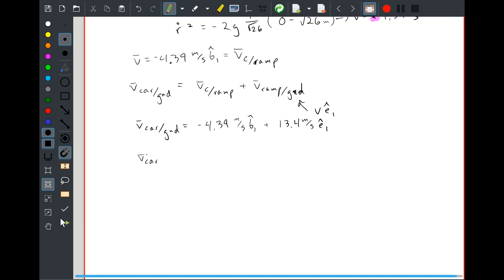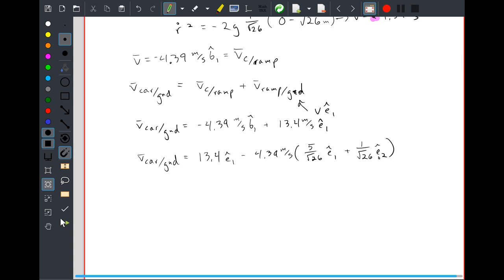So the velocity of the car with respect to the ground is then 13.4 E1 minus 4.39 meters per second B1. Let's convert it back into our known components. We've got 5 over root 26 E1 plus 1 over root 26 E2.